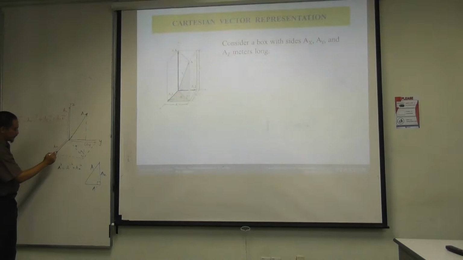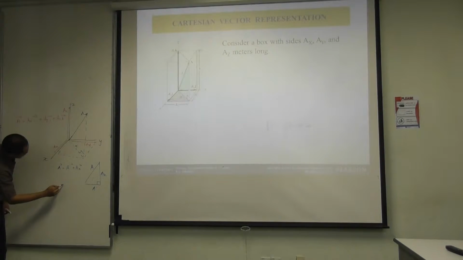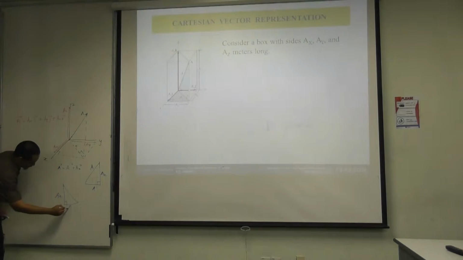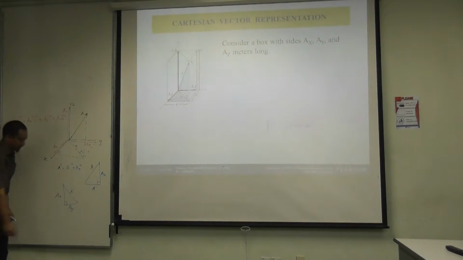And if you look at this triangle here, the grey triangle, if you draw that, if you look from top, it will be something like this, where this is Ax, Ay, and A prime, right? So A prime squared will be equal to Ax squared plus Ay squared, right?